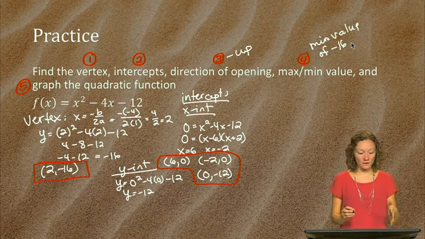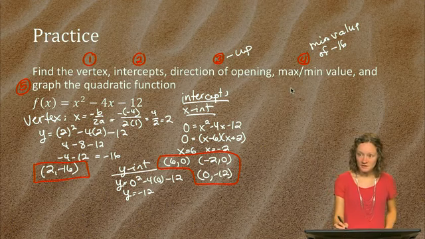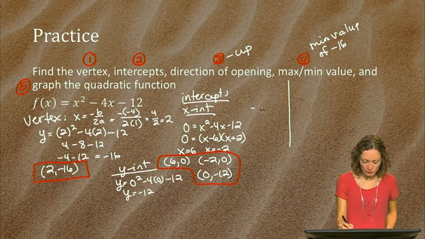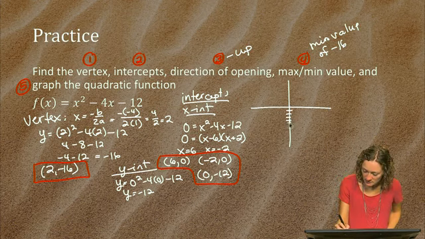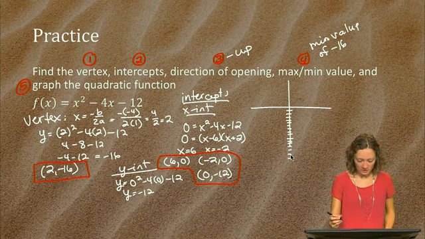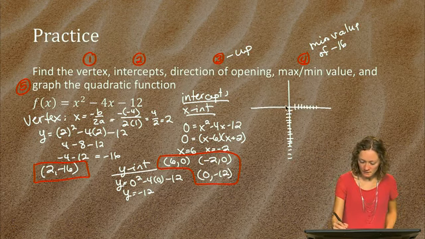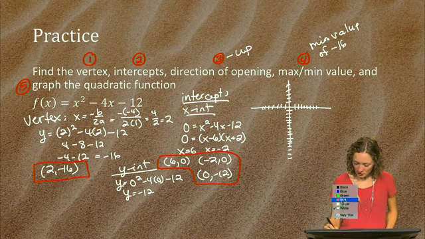And then we can prove all of that to be correct when we draw the graph. Looks like we go as low as negative 16. Good. Won't need to go out too far. And then let's put all these pieces together.